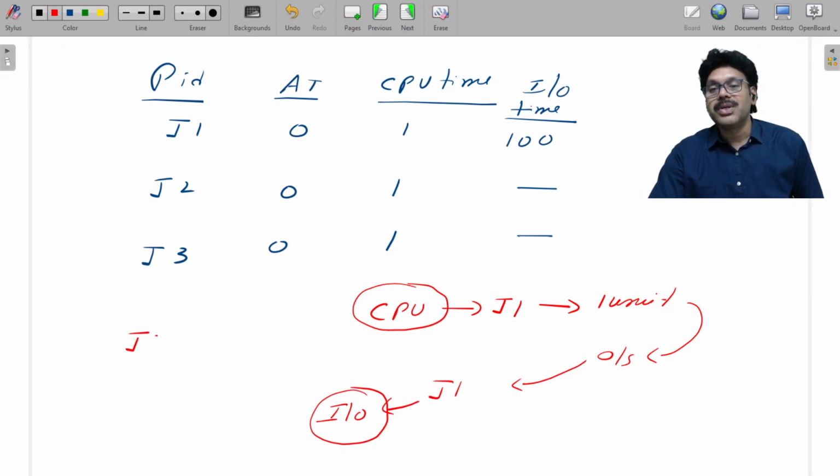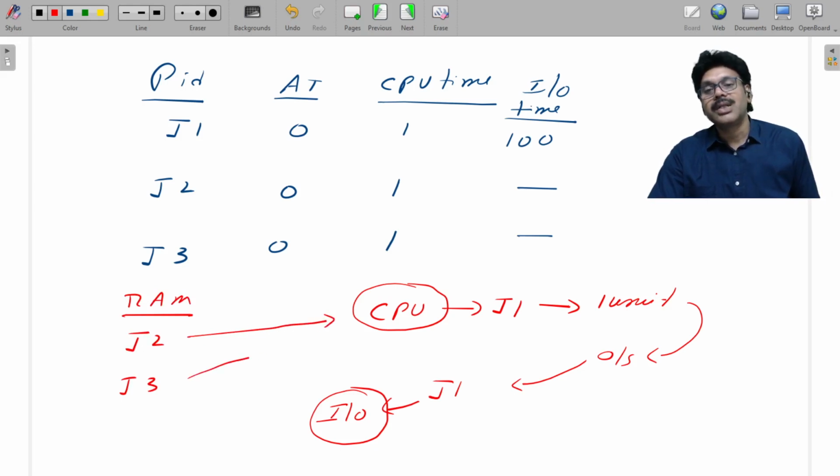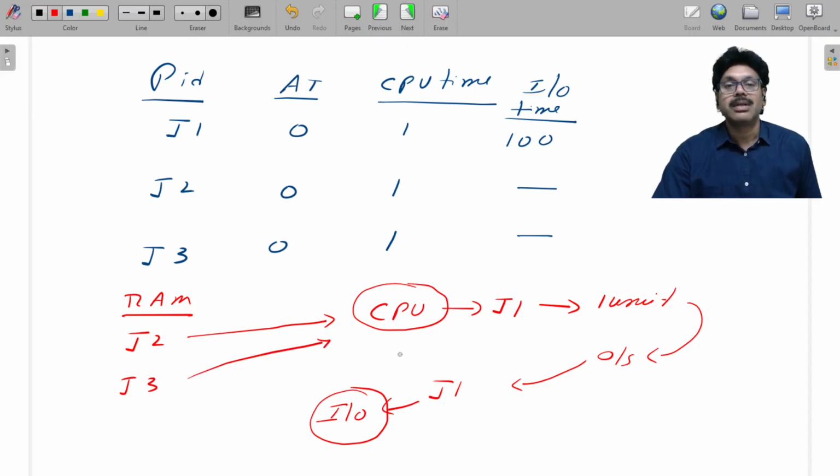Then in memory you have J2 and J3 also. You can't send J2 or J3 to the CPU unless J1 is completed. So that's why turnaround times are more in this case, and the waiting time for J2 and J3.